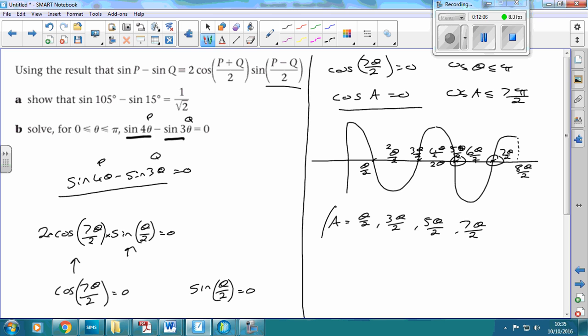However, we've then got to replace a with 7 theta over 2. So what we need to do is multiply everything by 2 and divide by 7. So theta equals theta over 7.